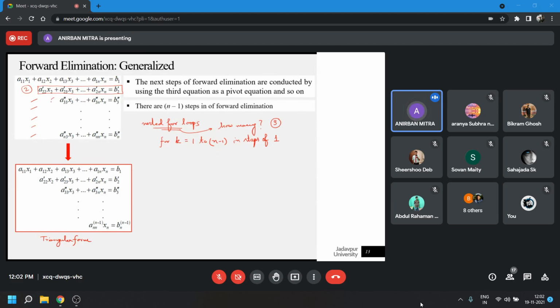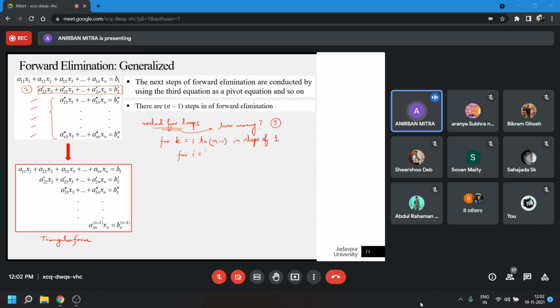So the second for loop would consider that. Now this I would vary from, you cannot write from 1, because the equations before the pivot equation would remain unaltered. So if you are at the second step of forward elimination, you start with equation number 3. If you are at third step of forward elimination, you start with equation number 4, like that.